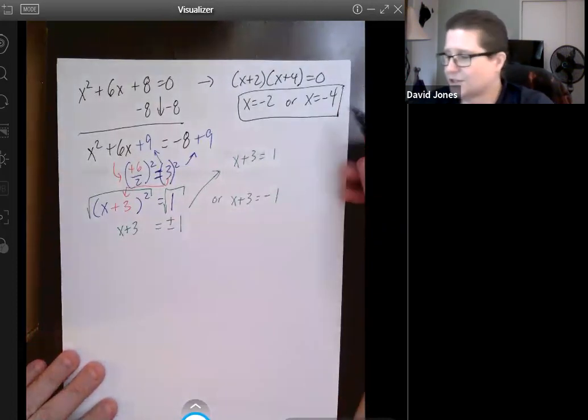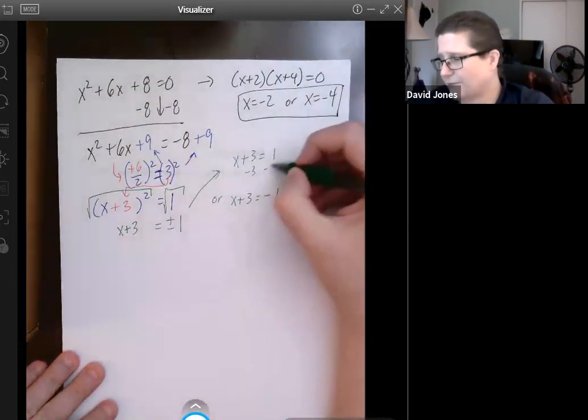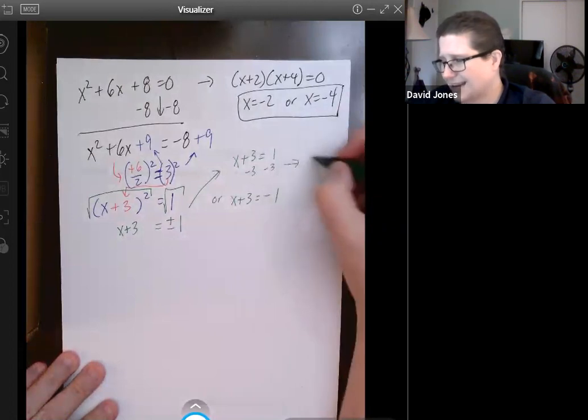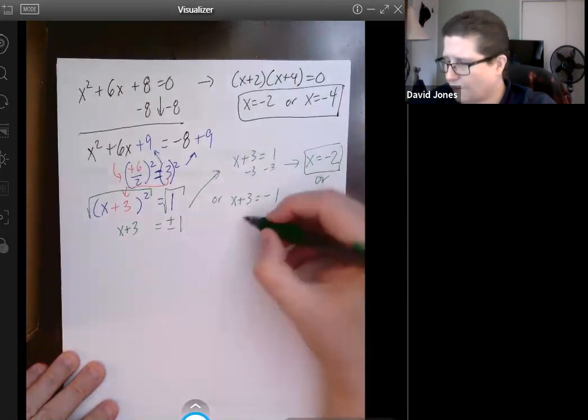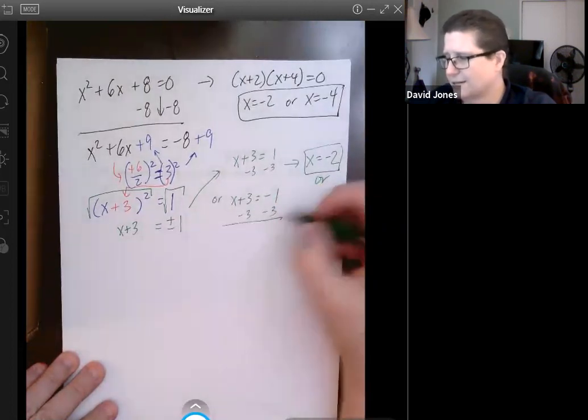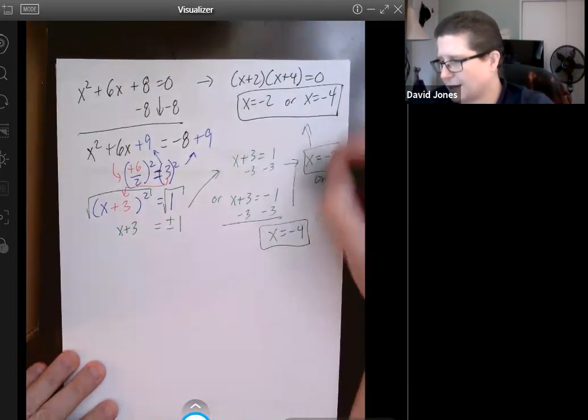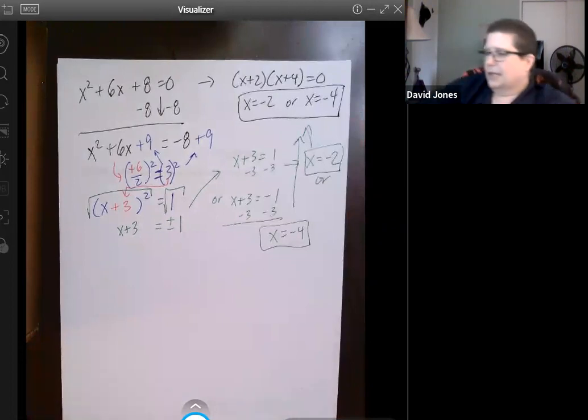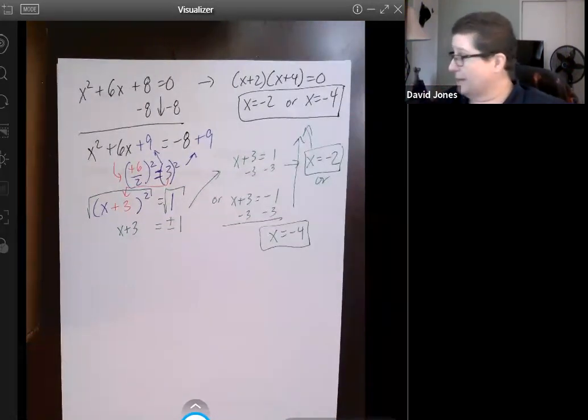You still have to solve. If I subtract 3 from both sides, I get x equals -2. Or if I subtract 3 from both sides here, x equals -4. Notice that's what I had up there. So the factor method and complete the square method will reveal the same answers.